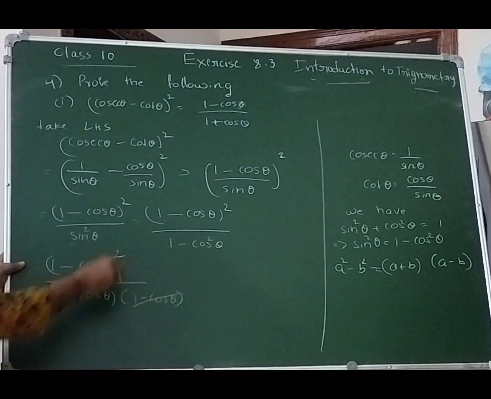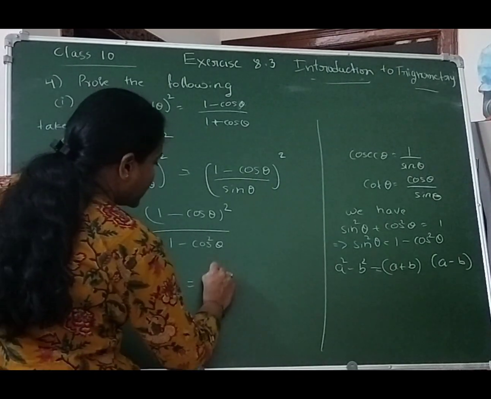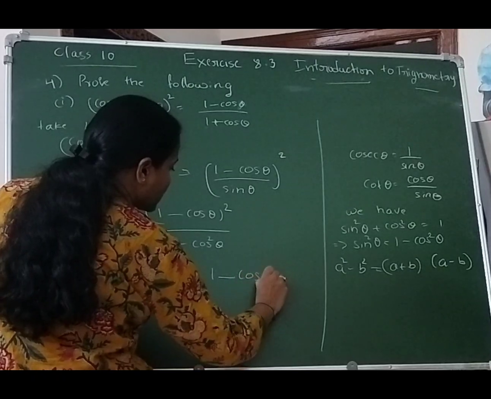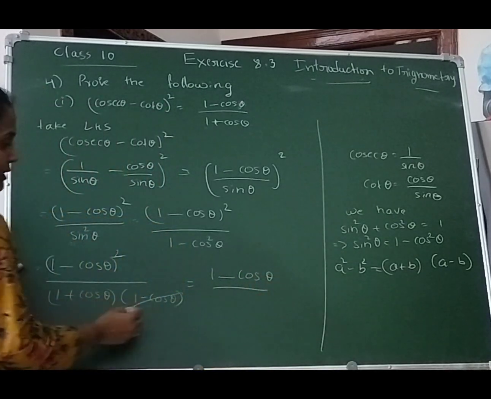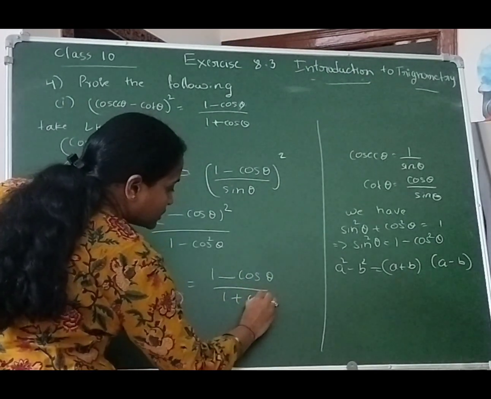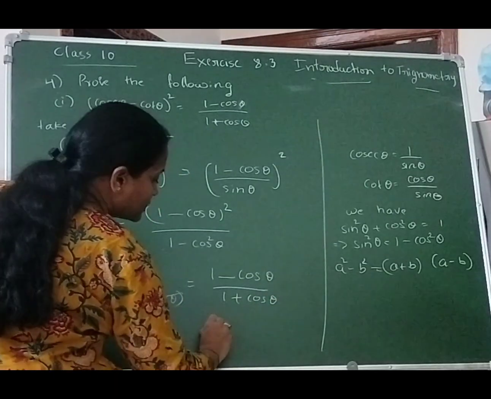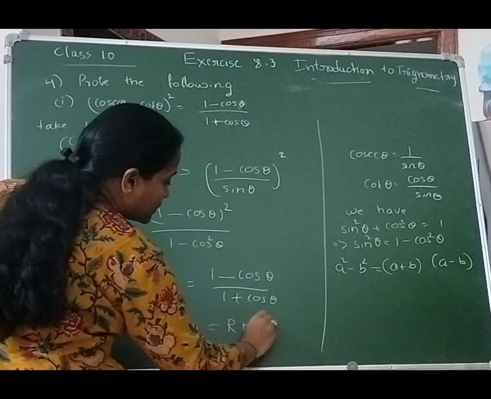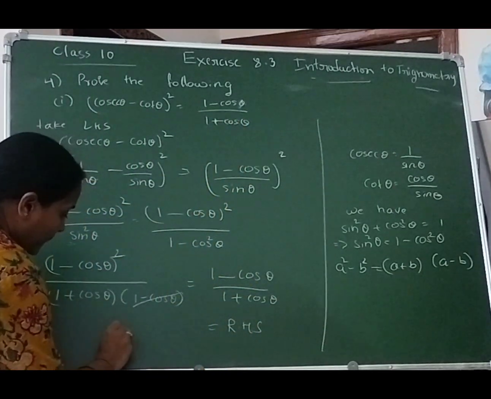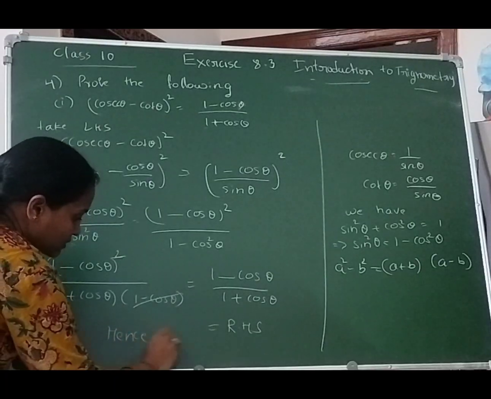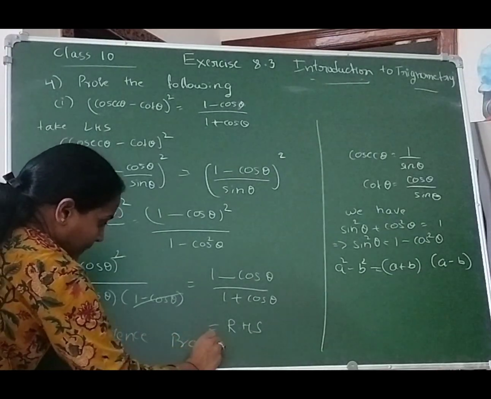So 1 minus cos theta will get cancelled. The remaining answer is 1 minus cos theta divided by 1 plus cos theta. That is the RHS. Hence, proved that LHS is equal to RHS.